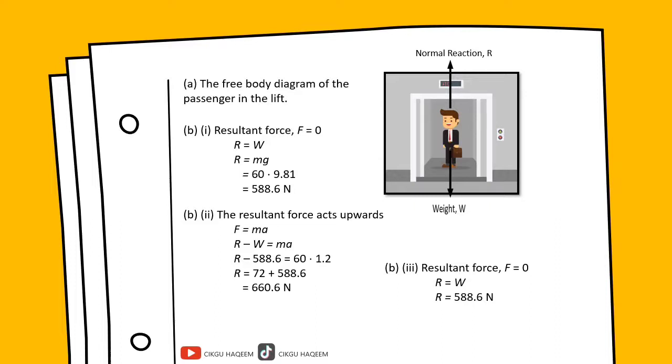So when acceleration is 0, the resultant force also will be 0 because both forces acting on the object are balanced. When balanced, resultant force is 0. Normal reaction is equal to the weight, which is 588.6 Newton.